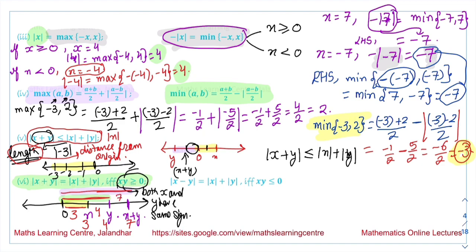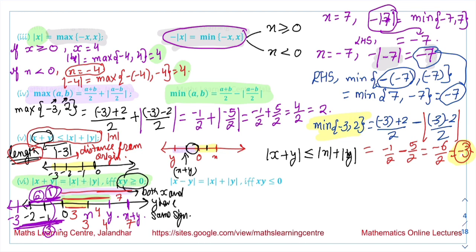Similarly on the negative side, suppose this is minus 1, minus 2, and if we add both these values we get minus 3. So this distance is 1, this distance is 2, and this distance is 3. So again what we are getting is that 1 plus 2 is equal to 3.